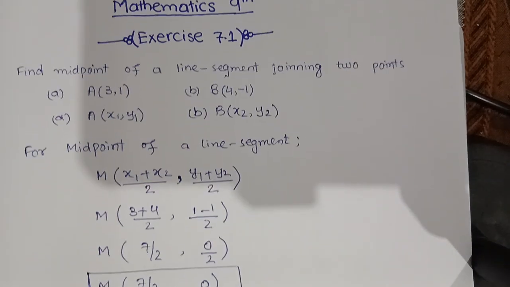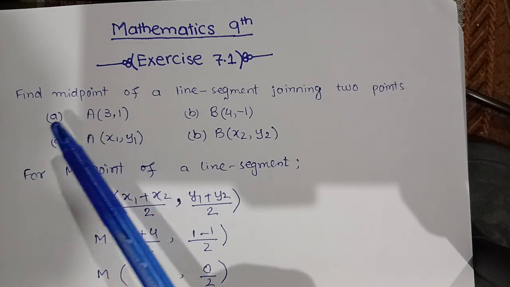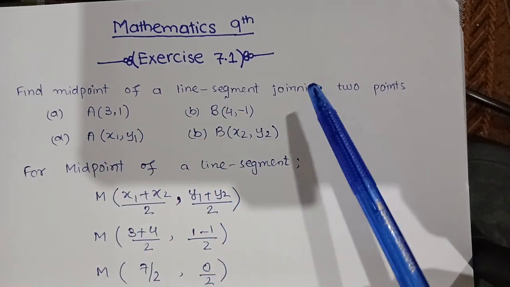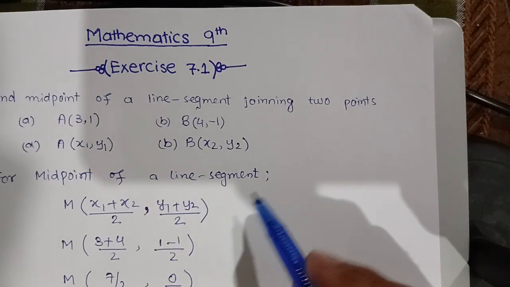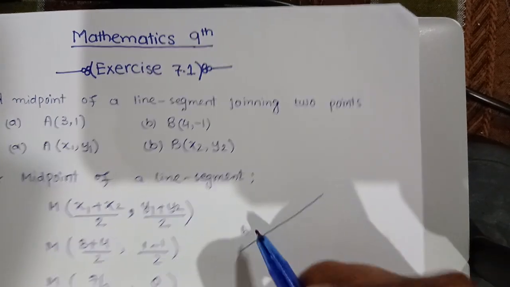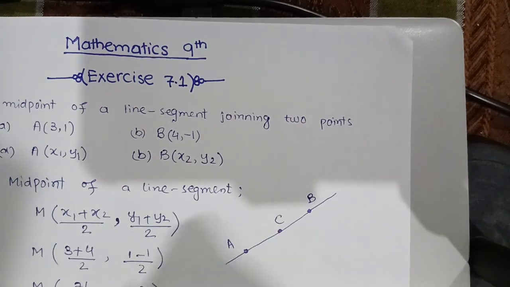So in this video we have discussed two problems, question number 1 and question number 2, to find the midpoint of a line segment joining the 2 points. We can see this is a line, this is point A, this is point B, and C is the midpoint.